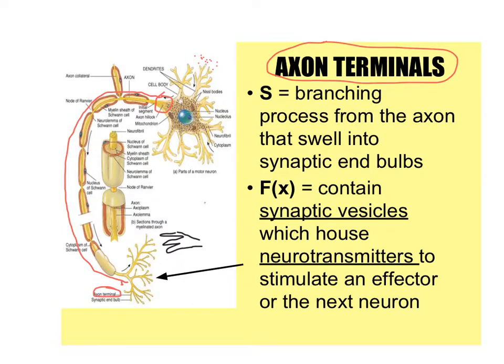If this were the dendrites for the next neuron, there is a space in between the dendrites of one neuron, the postsynaptic neuron, and the axon terminals of the presynaptic neuron. That nerve impulse can't jump over that space. So what the neuron has to do is release chemical messengers into that space.